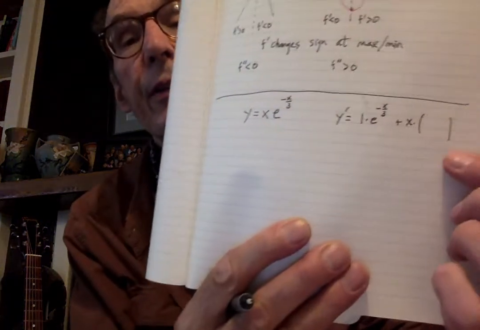So y prime, you have to use the product rule, is 1 times e to the minus x over 3. That's f prime g, plus g prime f, plus x times, and then this is going to be in parentheses. So in fact, let me show you. I'm going to do the parentheses first.